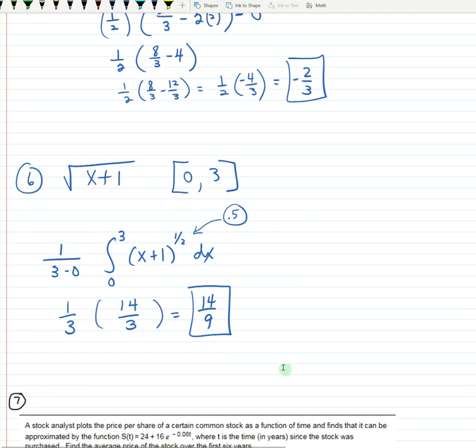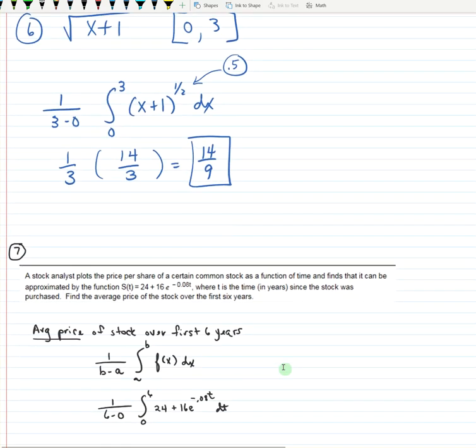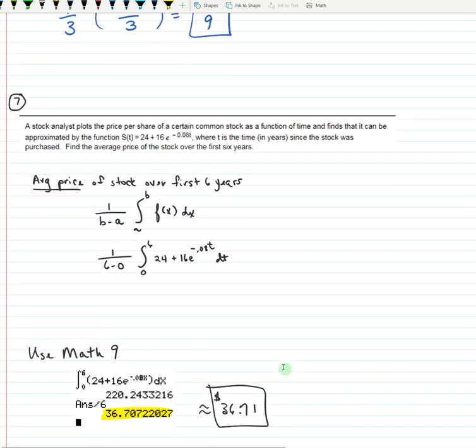The last question is an application problem. It says a stock analyst plots the price per share of a certain kind of common stock as a function of time. So how's your stock going to do over time?